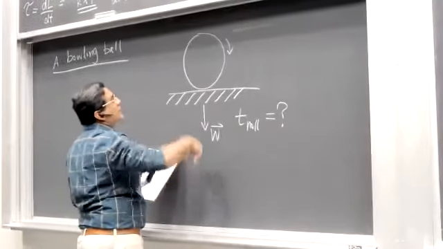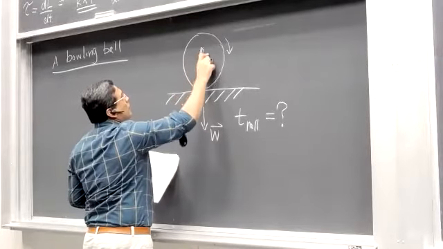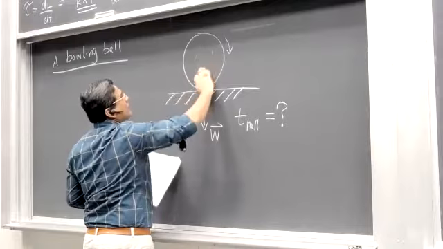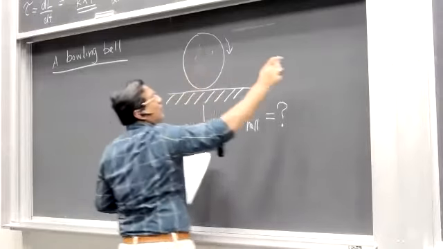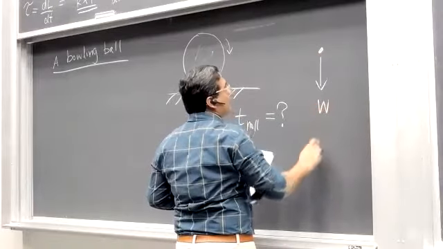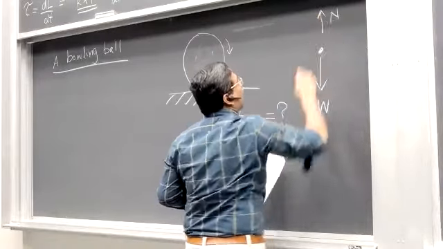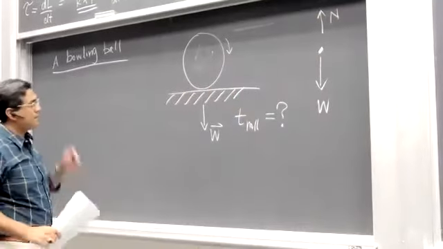Then, since there is no motion in the vertical direction, normal force upwards. Let's just make the free body diagram here: weight downwards and normal force upwards. Any other force?